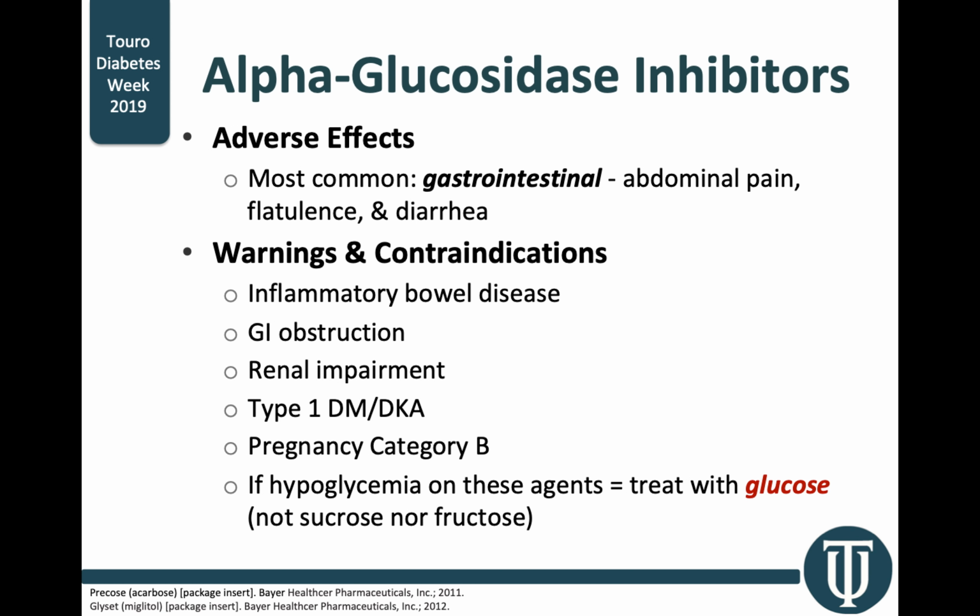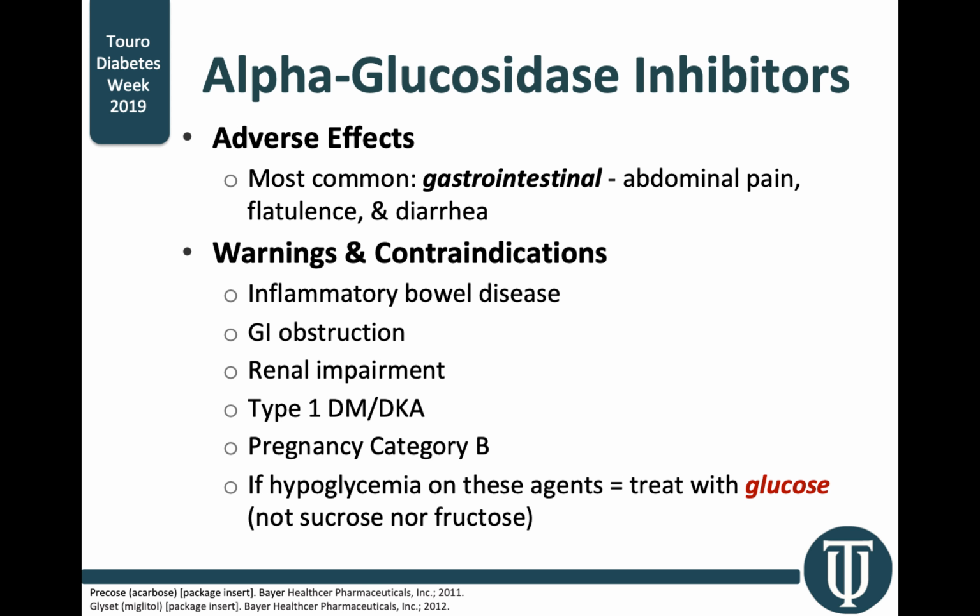Okay, so what are some side effects? Since this medication works in our gastrointestinal tract, most likely patients would get abdominal pain and very bad diarrhea. In terms of warnings and contraindications, for those who have IBD, who have obstruction in the GI tract, whose renal function is not that well, or who are type 1, do not use this medication.